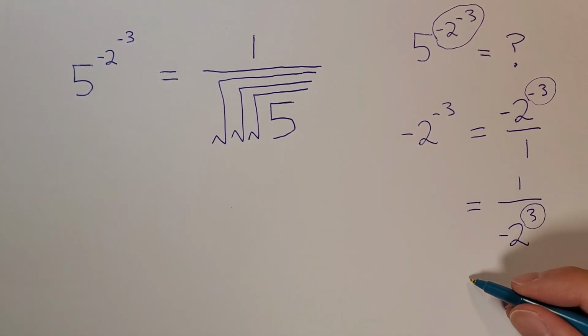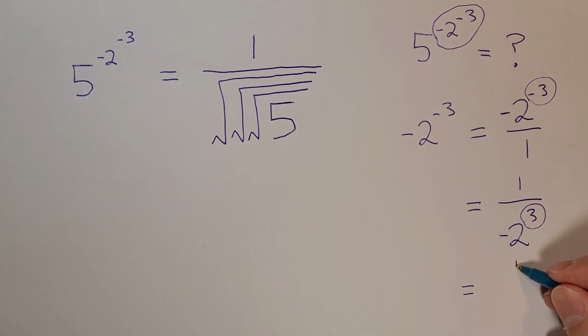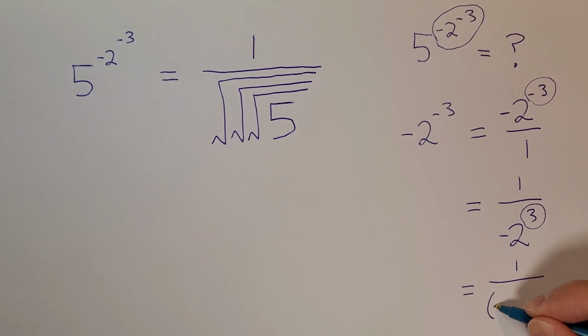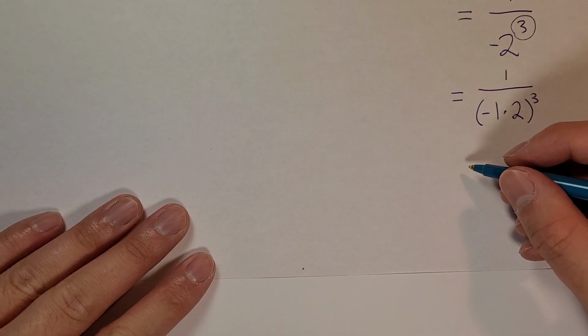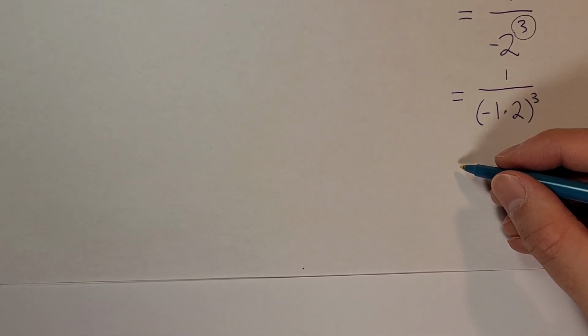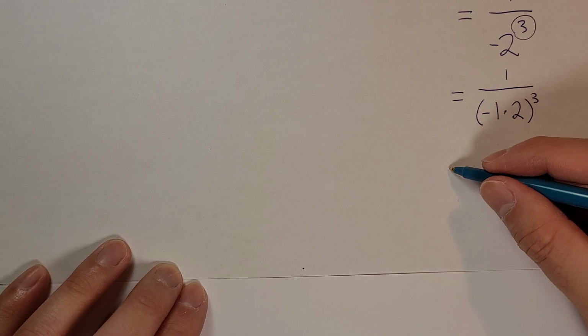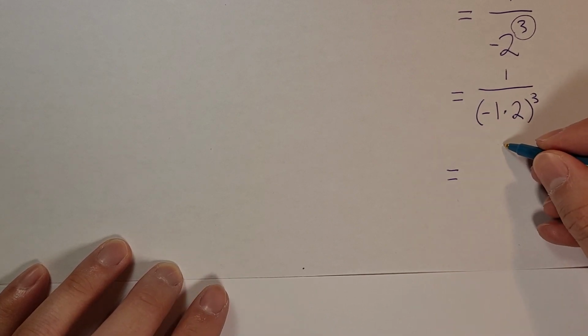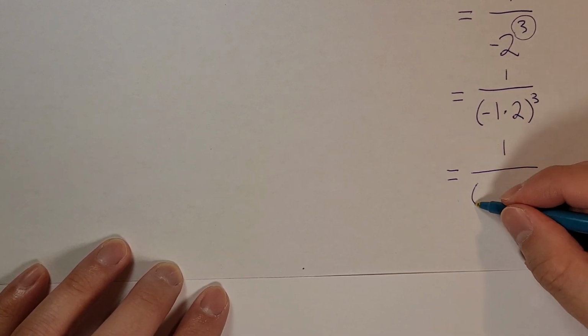So the next step I'm going to do is rewrite this with minus 1 here. So this is negative 1 times 2 to the power of 3 at the bottom here. So negative 1 to the power of 3 equals negative 1. So with that in mind, I can rewrite it.